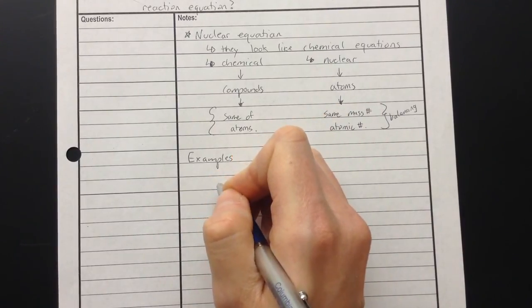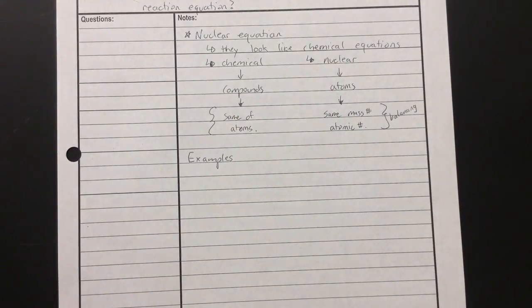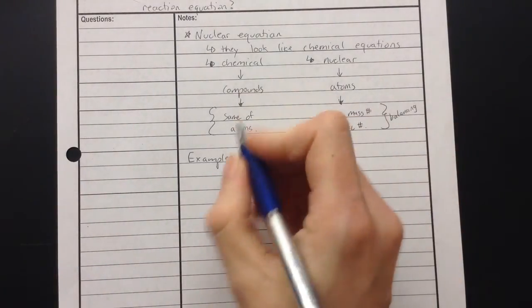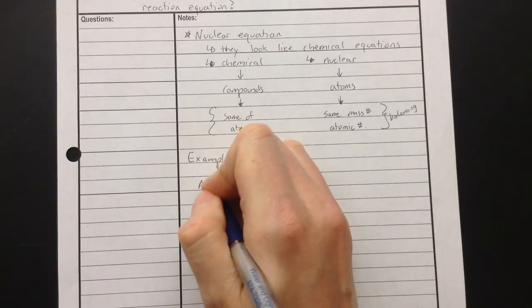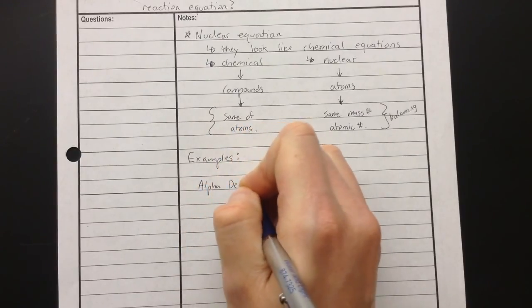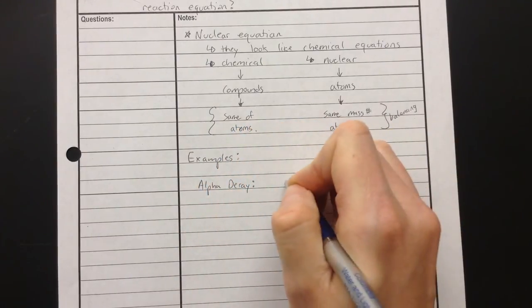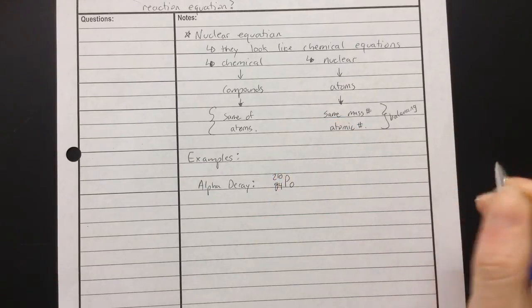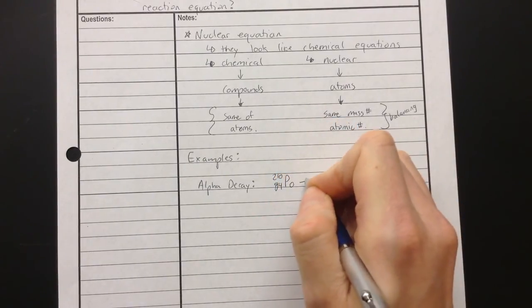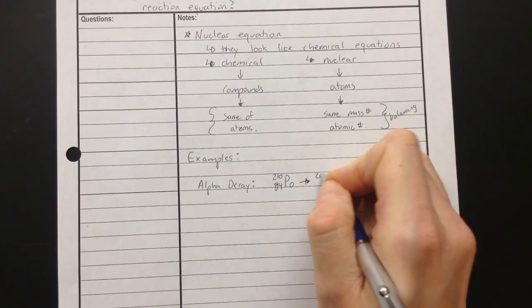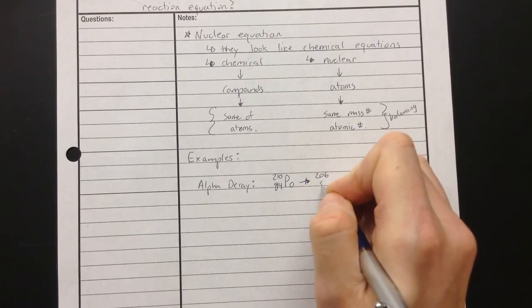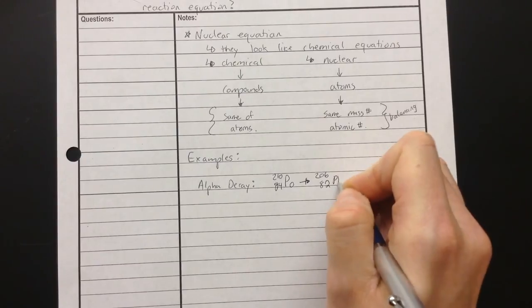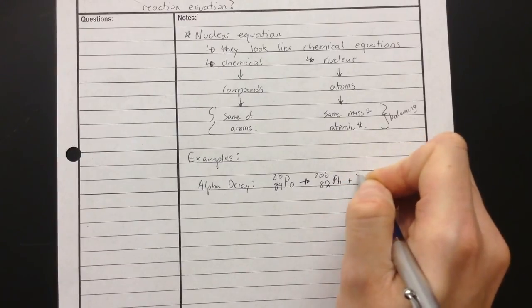We've seen some examples already, and these are going to be the same examples that we wrote down before. So here's an example of alpha decay. Alpha decay looks like this. Let's say we have polonium-210 with an atomic number of 84. That decays via alpha decay into this other stuff called lead, spitting off an alpha particle.